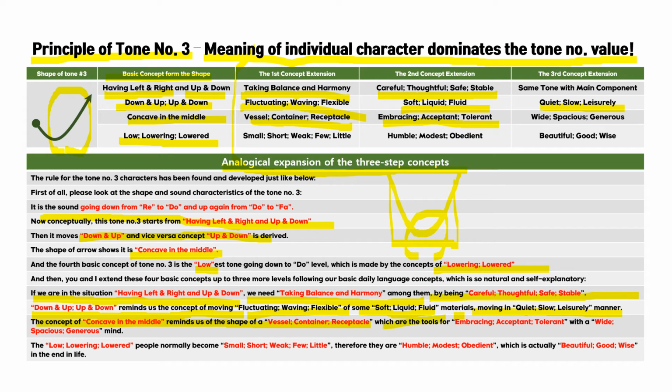They are tools for embracing, acceptant, tolerant, with a wide, spacious, and generous mind. If we want to accept intolerance, somebody we may hate, but if we have a wide, spacious, and generous mind, we can embrace all of them, right? So in this way, we are expanding the concepts.